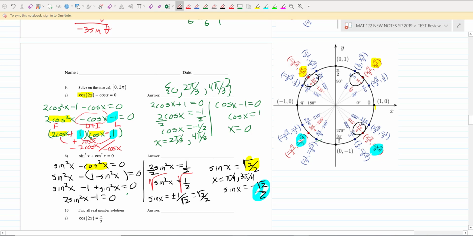So that is 5 pi over 4 and 7 pi over 4. So there's your other 2 answers, x equals 5 pi over 4 and 7 pi over 4. So you end up getting 4 answers. It doesn't matter what order you put them in. I'm just going to put them in the order of smallest to largest: pi over 4, 3 pi over 4, 5 pi over 4, and 7 pi over 4.